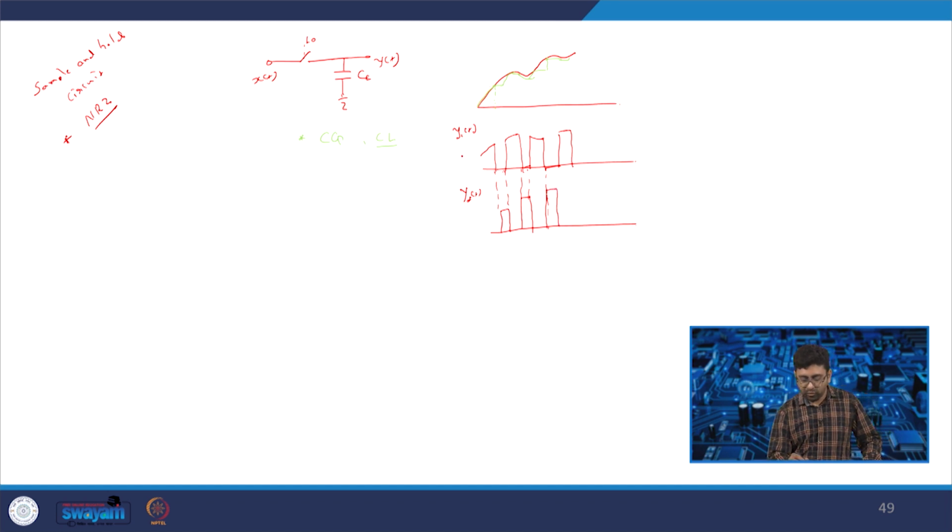And if we try to find out the conversion gain with respect to y1(t) and y2(t), if you find the frequency domain and then convolve, what we will get is a combination of Y1(f) and Y2(f).